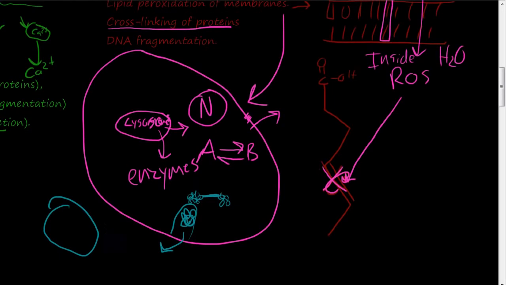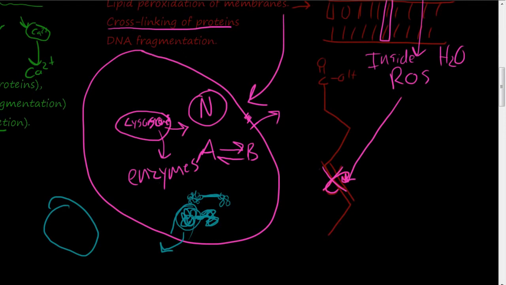That's a signal to this next cell to, hey, I need you to do this, or I need you to do that. So if this protein, this is a hormone, in this example it's a hormone, if this hormone wasn't produced because of this cross-linking of proteins, let's say this one got attached to another protein, well then this hormone wouldn't work, and then that cell wouldn't get the message. So that would cause problems.